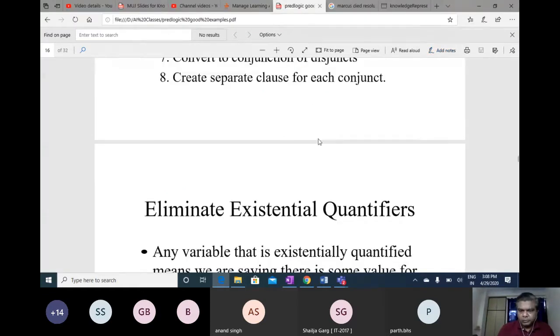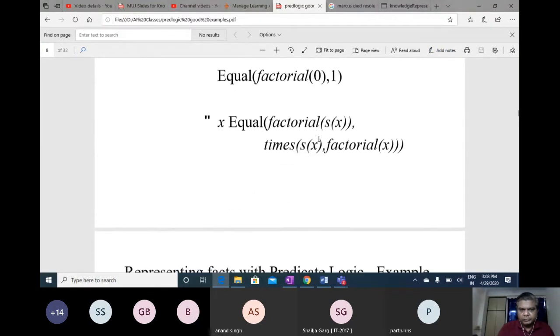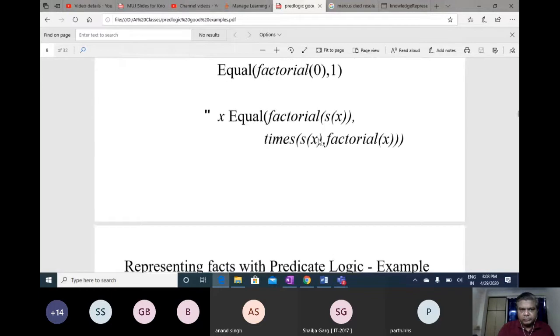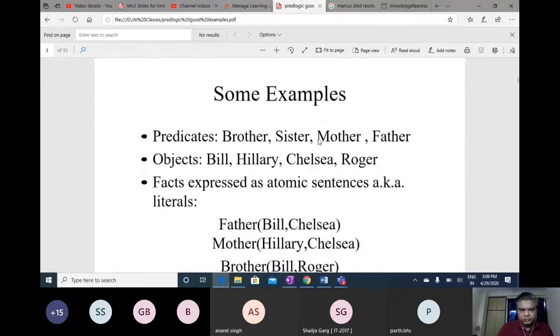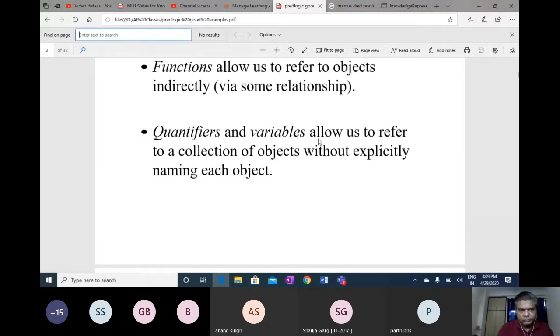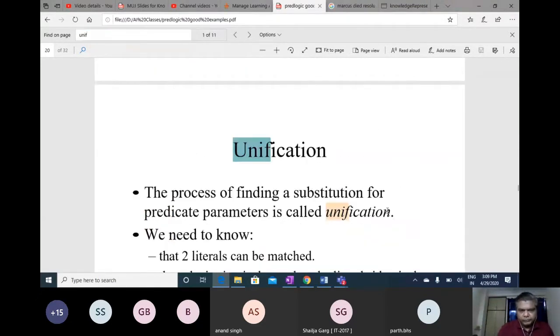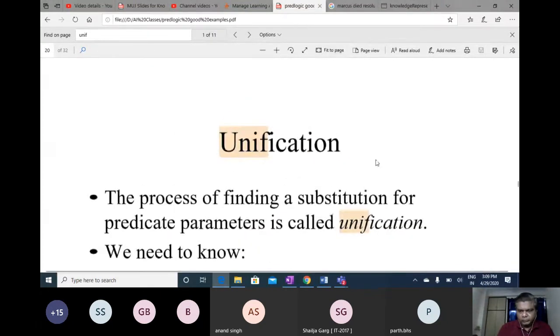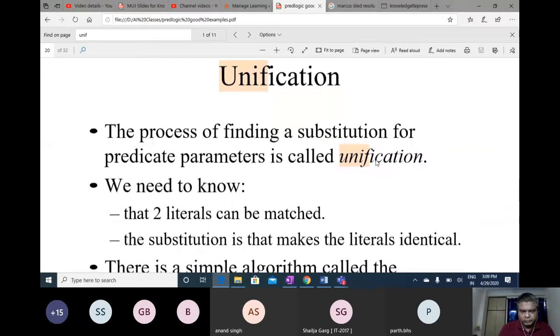Let us see what is the unification algorithm. So this is unification.